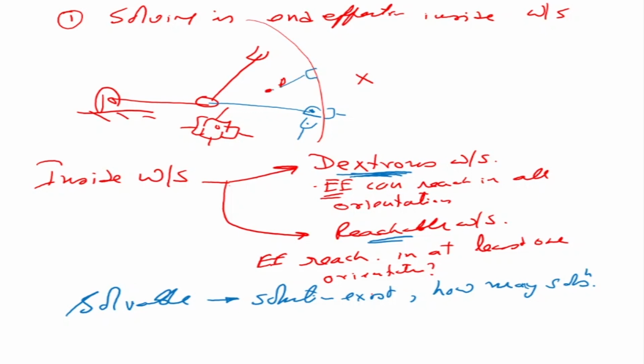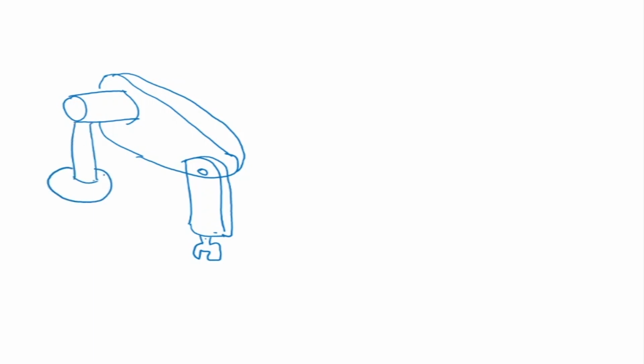Whereas in the case of, for example, the Puma robot, let's look at the Puma robot here. This was the Puma robot which I had done in the last class. We'll look at it in this class again. It has 6 degrees of freedom, 6 thetas. So if I draw the side view of this, let's consider only this as a two-link manipulator.